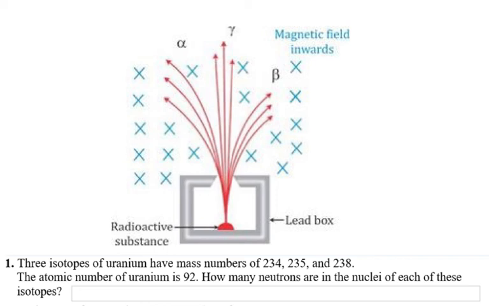So you can see, using the right-hand rule, if this is the direction of the velocity of the particles, the force acting on the alpha particle, because it is positive, is going to be to the left. The force on the beta particle, if it is negative, is going to be to the right. And the gamma radiation will have no disturbance from its path when it's passing through the magnetic field.